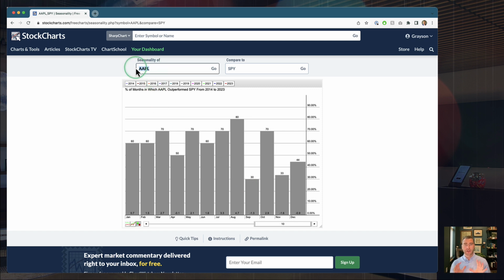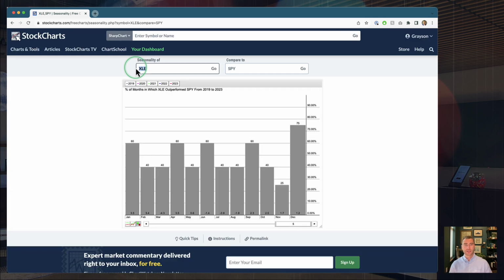I find this relative view particularly interesting with sectors. So let's go back to XLE. We look at the relative performance of XLE versus the S&P 500 over a specific period of time. This is where we can start to get some really interesting insights into the different sectors of the market.